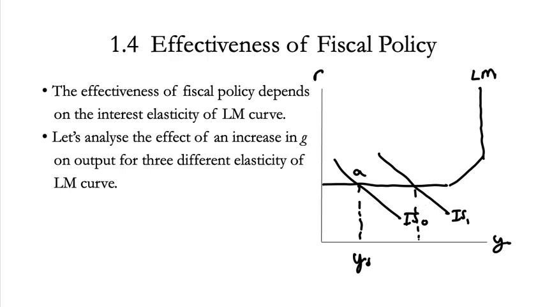And then you can see output increases from Y0 to Y1. But let's say we are in this region. I changed the pen color here. IS0, and we shift it by the same amount of shift, for instance, let's say this much.